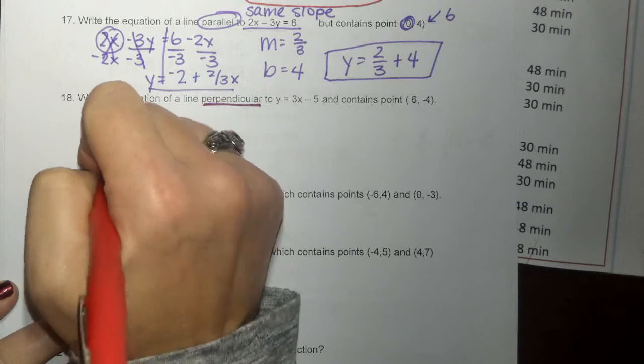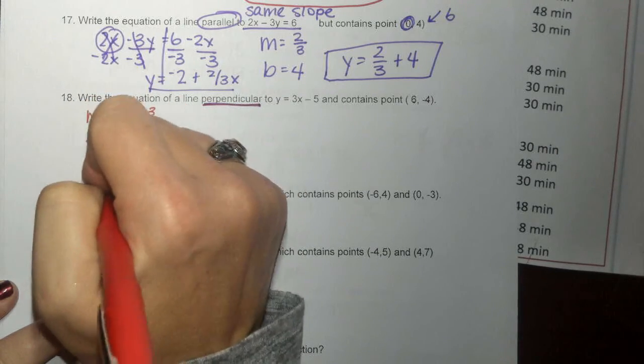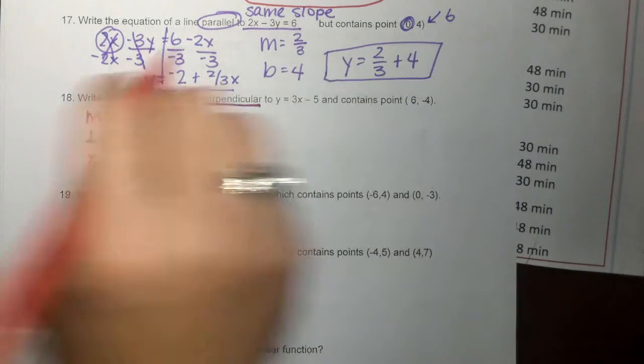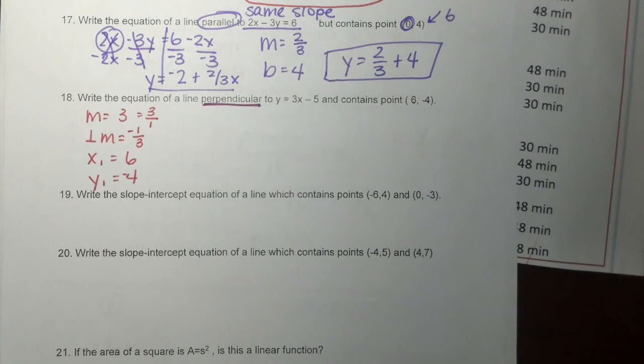Okay, so your x1 is 6 and your y1 is -4. So we're going to do point slope because remember, on that graphic organizer, I'm going to find it, sorry.